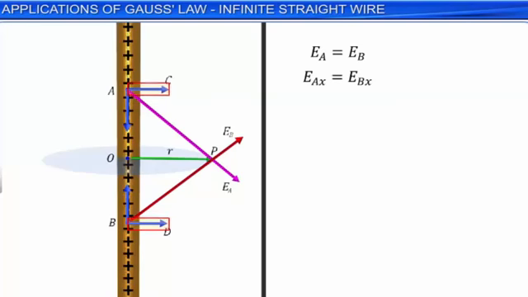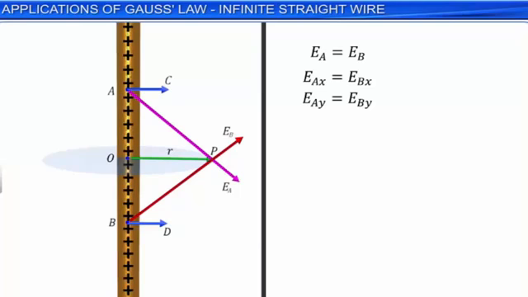We observe that the directions of the vertical components of EA and EB are opposite. Hence, they cancel each other. The horizontal components are parallel to the radial vector along OP.